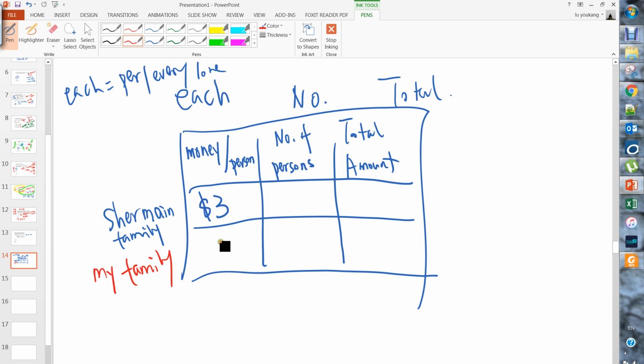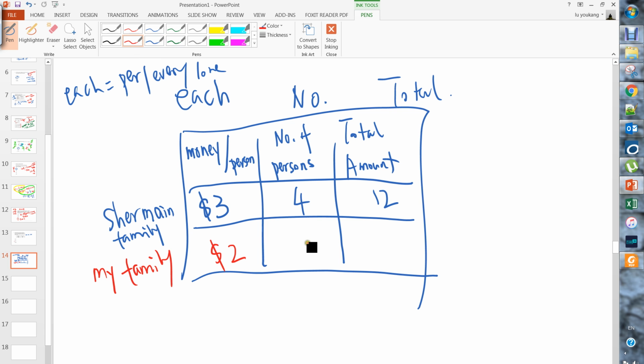Let's say my family, each person has $2. How many people are in your family? 4. Okay, good. So what is the total in your family? 12. How do you get 12? 3 times 4. Very good. So in my family, I have 3 only.